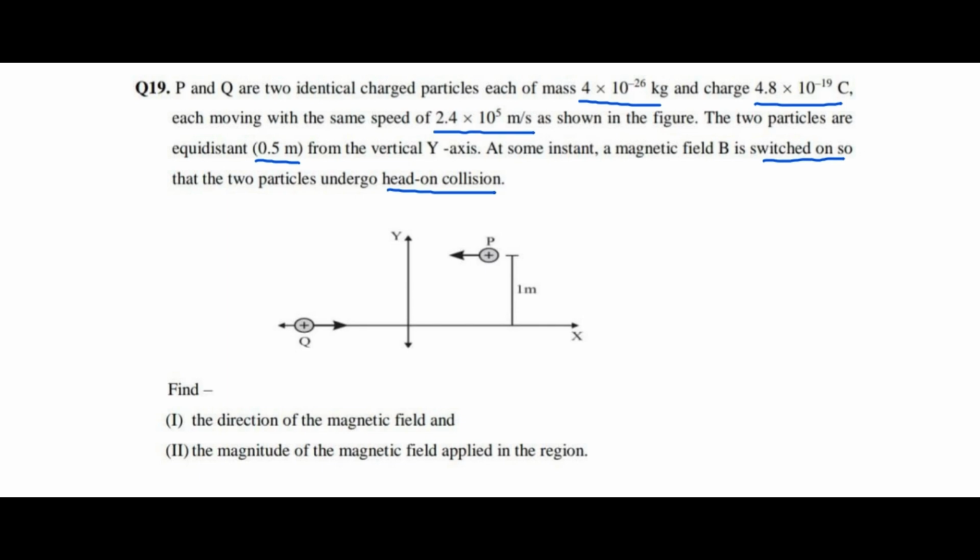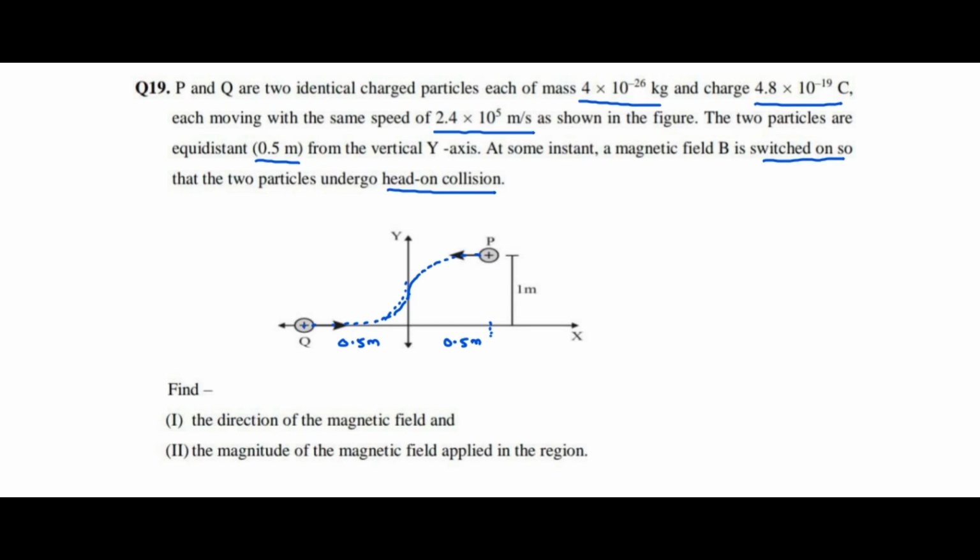Here, the situation will be whenever they are at distance of 0.5 meter, they are head-on collision. Means they may travel like this, they may undergo head-on collision. That means, what is the direction of the magnetic field when it is possible?